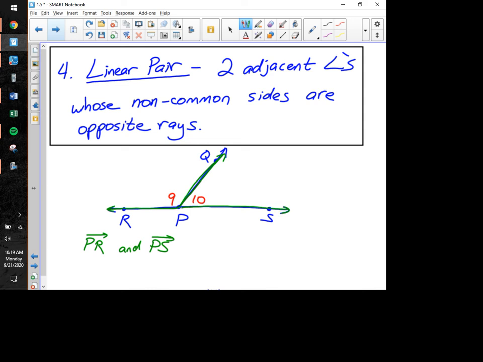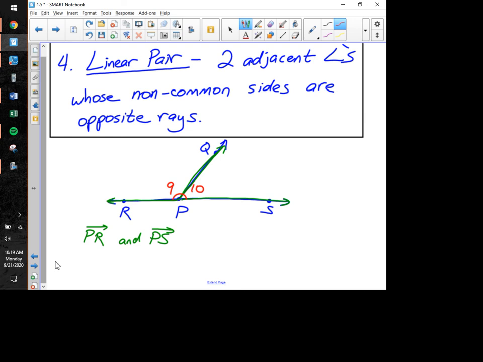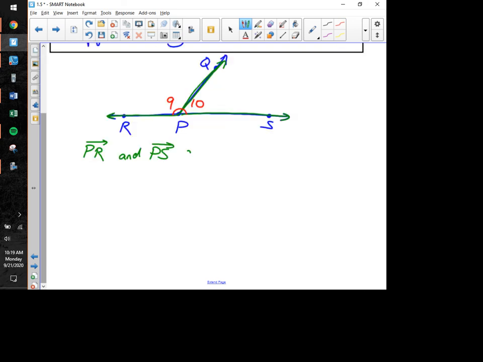Because we are allowed to assume a straight line when we see one, we now know that this is a 180-degree straight angle there, and that means that those two rays, PR and PS, we can say now are opposite rays. With that in mind, these two angles form a linear pair. So we would say that angle 9 and angle 10 form a linear pair.